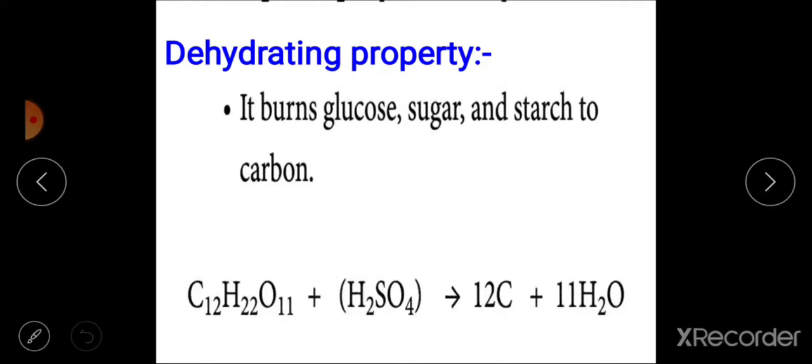The carbon left after this is called sugar charcoal, and this process of removal of water from the sugar is called charring process. Here the reaction is given. C12H22O11 is a sugar molecule. This reacts with sulfuric acid to form carbon, 12 carbon atoms, and 11 water molecules are removed from this sugar. This process is called charring process.